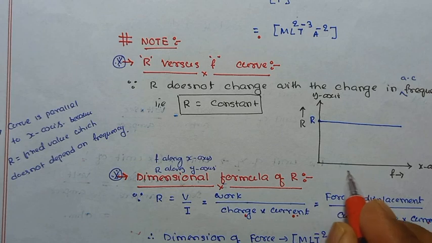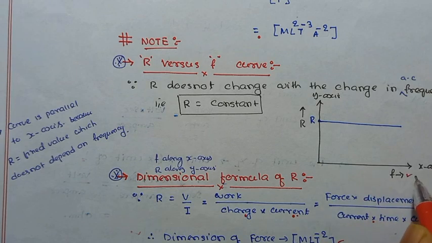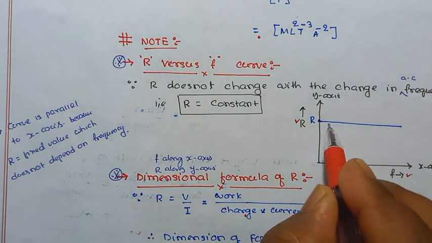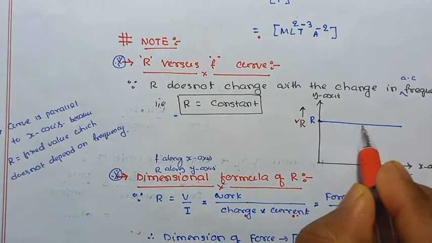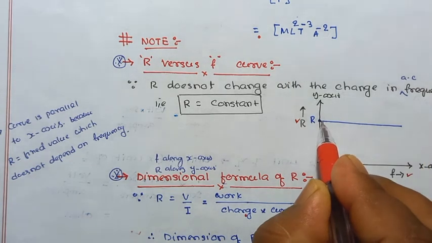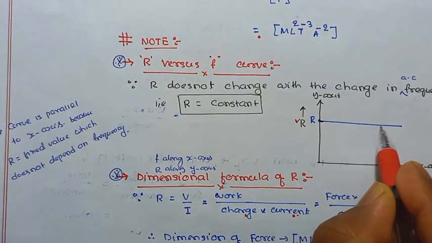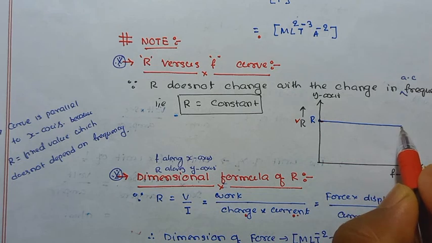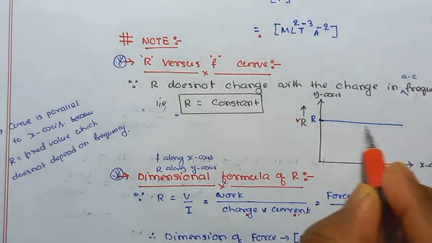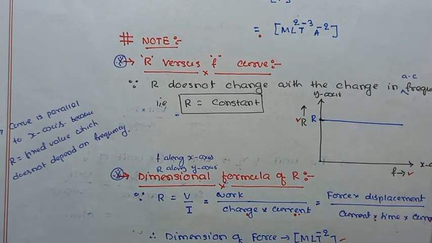So taking frequency along the x-axis and resistance along the y-axis, if we draw the graph, then this graph is a straight line which is parallel to the x-axis, because the value of resistance R does not change with the change of frequency. So it is a straight line parallel to the x-axis.